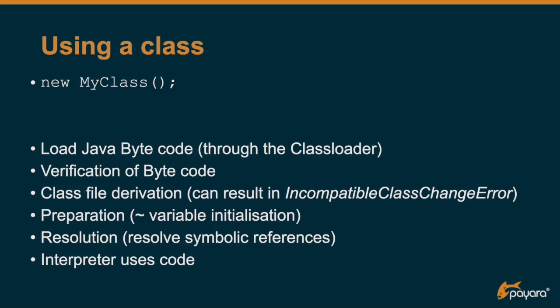But also a verification to see if there is no tampering done with that bytecode, with that class. Because the compiler creates that bytecode, but you can manually change that bytecode, and then you can have the basis for a malicious attack on your code. So you can have a look at the internet.